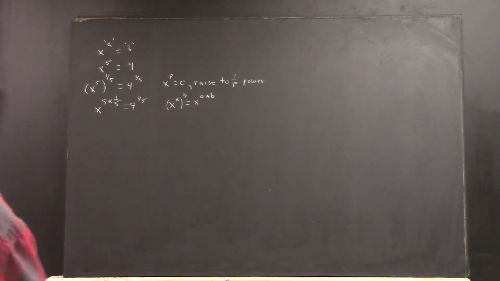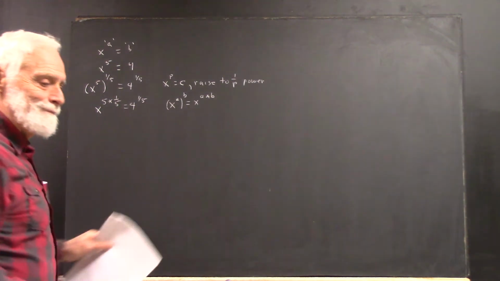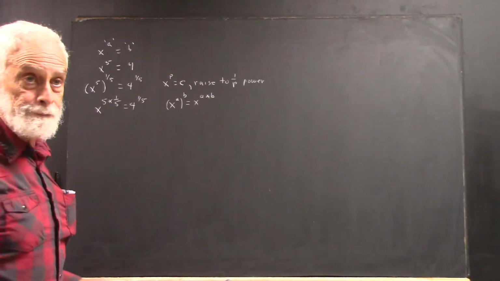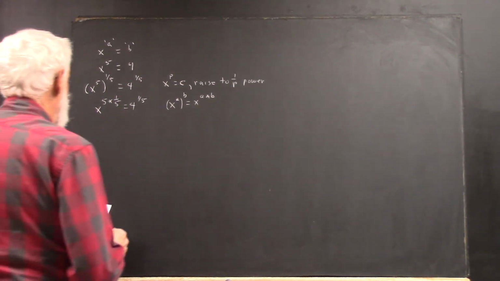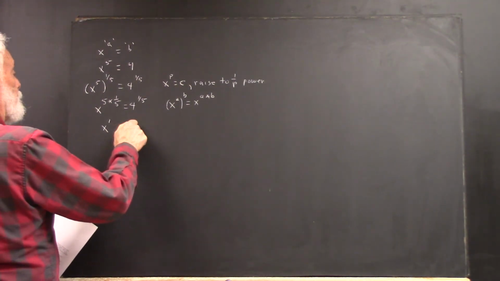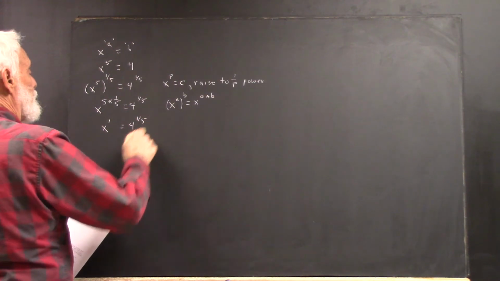Now, this is basic algebra. It's a prerequisite to this course, and we shouldn't have to be talking about it, but the fact is, this course is usually taught at such a low level that we have to. So that tells you that x to the 1 equals 4 to the 1/5.